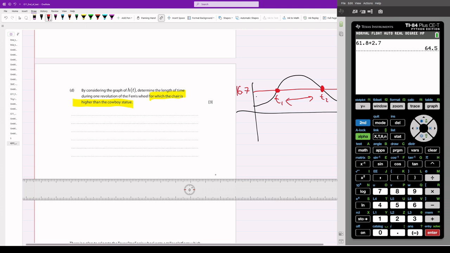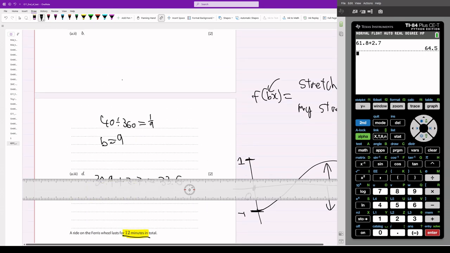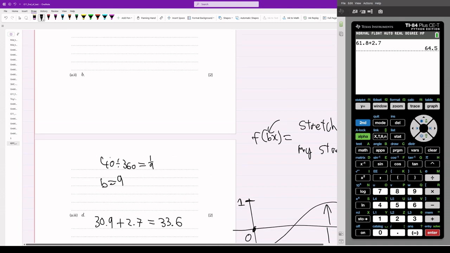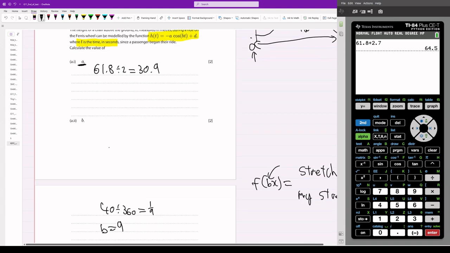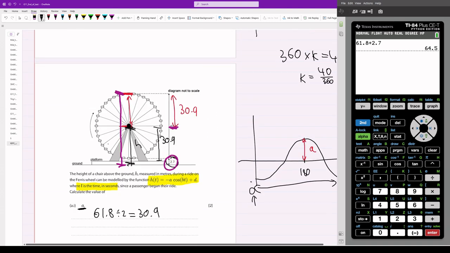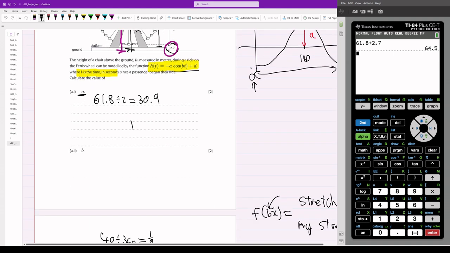Very simple, calculator. Now, part A asked us to figure out all the parts of this equation. So, h of t is equal to negative 30.9 cos 9t add 33.6.